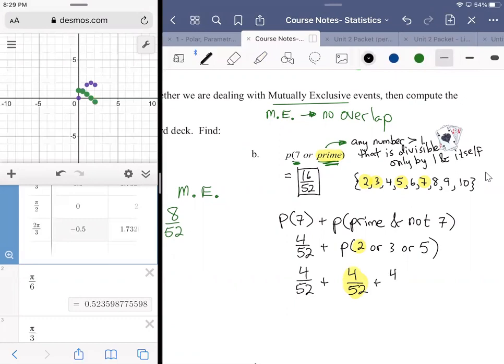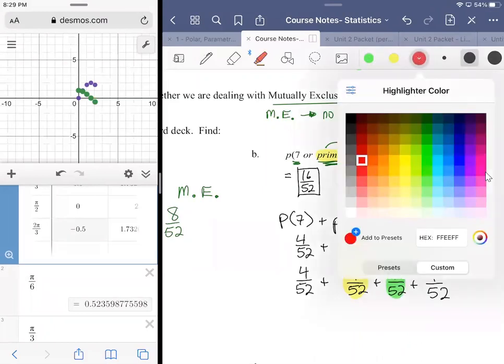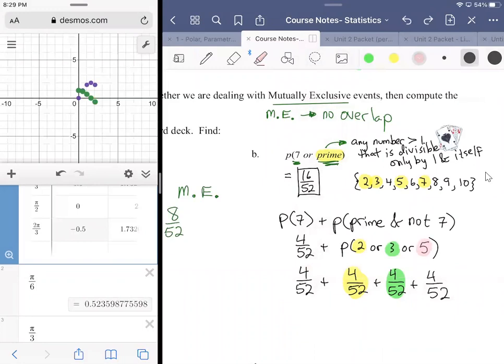Plus 4 out of 52 for the 3s, plus 4 out of 52 for the 5s. Let's make this one a little lighter. Too light. Let's go with a nice little pink there. There we go. And from there, we can get our 16 out of 52. So that's another way of handling it.